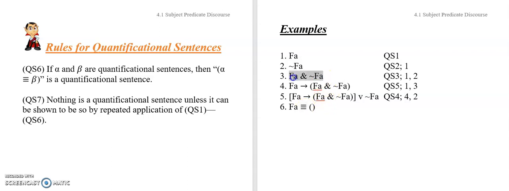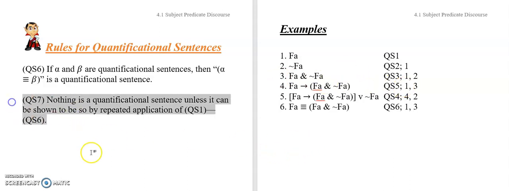Let's do this, just for the sake of practice. Okay, and technically, again, the whole thing should be surrounded in parentheses, but that's a sentence by what rule applied to which lines? Well, that's QS6 applied to line 1 and line 3. Okay, and then you can just go on building however you want.